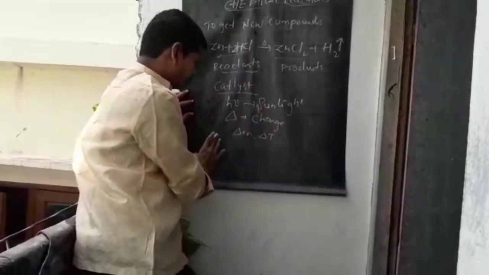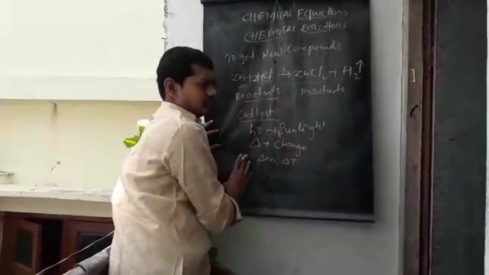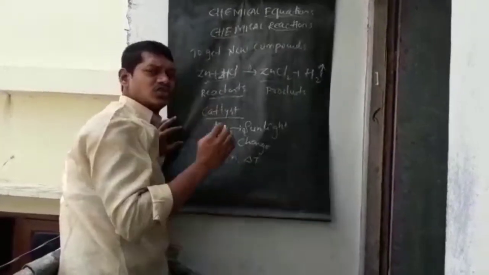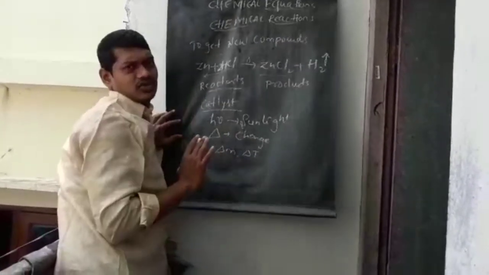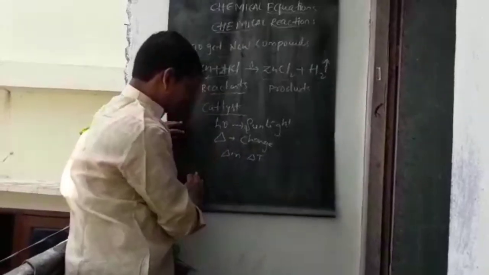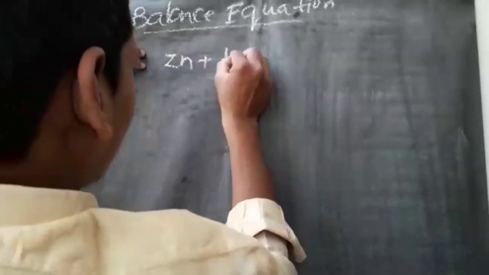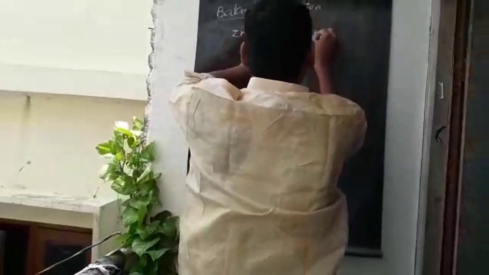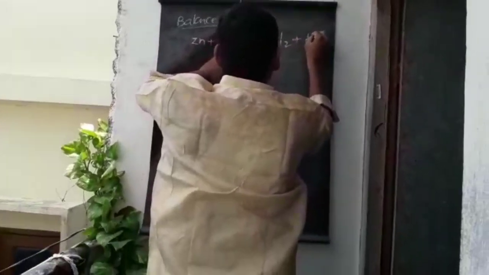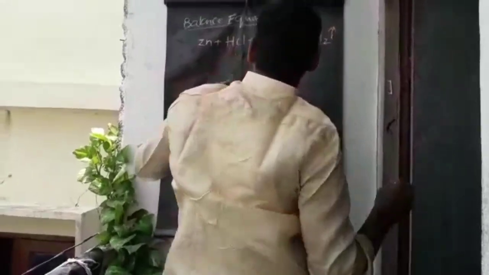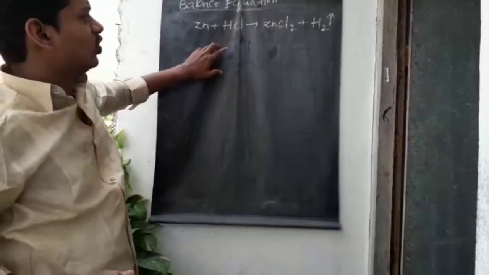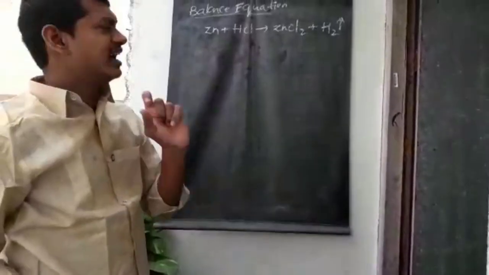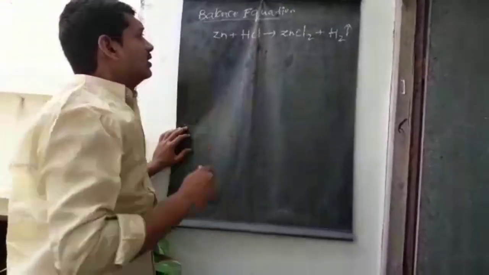Now, in this chapter the most emphasized topic, which you have to focus on most, is the balanced equation. The equation zinc plus HCl forms zinc chloride plus hydrogen gas is not balanced. It is called a skeleton equation.